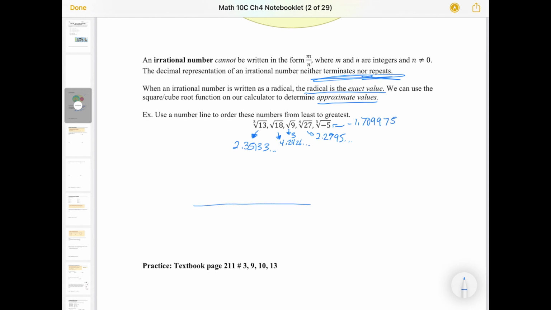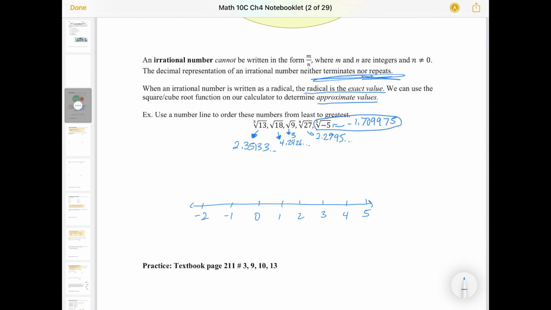All right, and now I make my number line. I'm going to go -2, -1, 0, 1, 2, 3, 4, 5. And just place them approximately where they should be. Let's go smallest to largest.